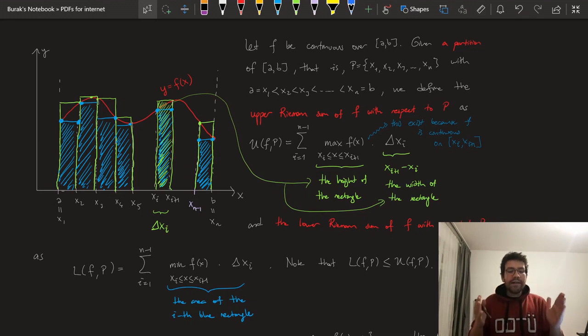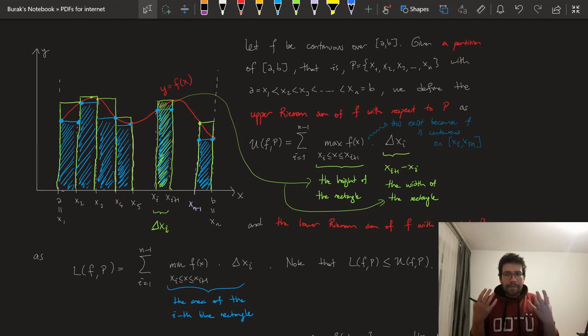So here's the thing. What I want to do ideally is take the limit of these Riemann sums as the number of points in my partitions increases, and the widths of these rectangles go to 0. I want to take the limit as these happen.